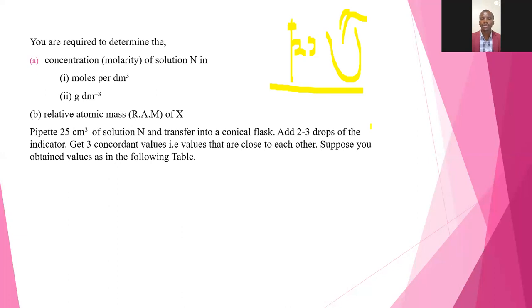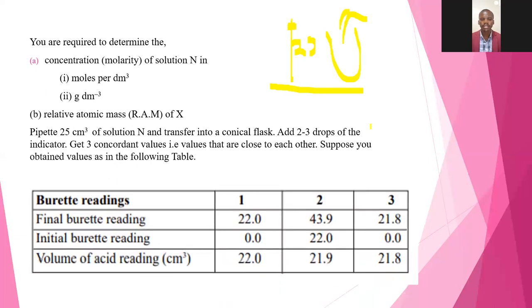Then maybe I did it and I got this. This is my table. This table, when you are given an exam, is always empty, so you are the one to fill in all these values.